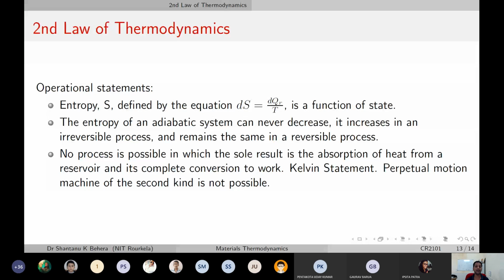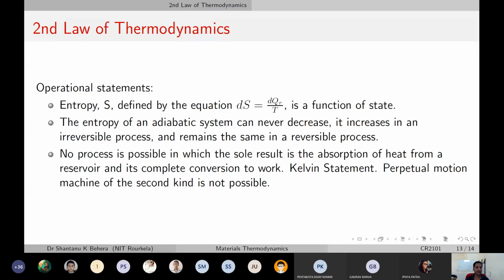It can never be negative, right? If it is a completely reversible process, then dS is going to be 0. There's no change in the entropy of the system. If it's an irreversible process, then the entropy increases. The final entropy minus the initial entropy is going to be a positive quantity. That's what happens for a natural process.